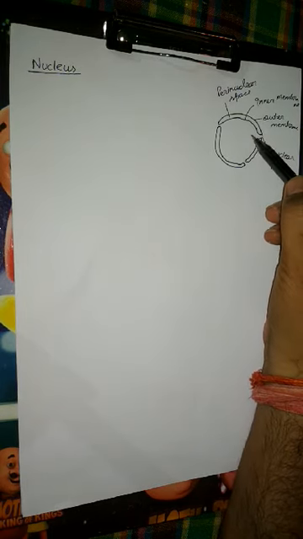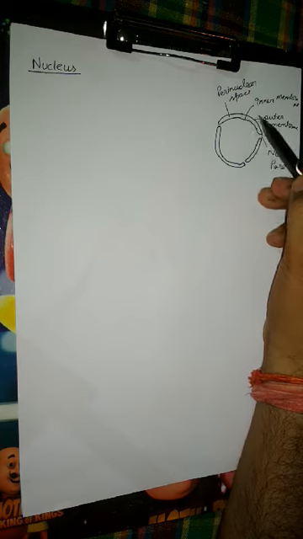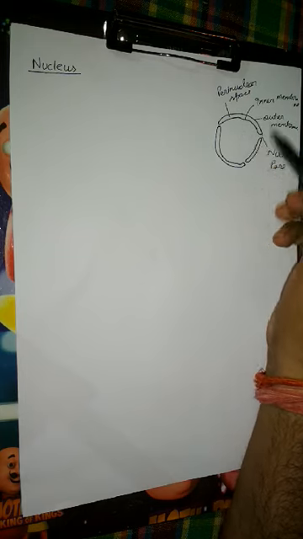Actually, the transport of substances, mainly proteins, between the nucleus and the cytoplasm, or we can say the locations outside the nucleus. Actually outside the nucleus, what is there? Cytoplasm is there. So the transport of substances between the nucleus and the cytoplasm takes place with the help of this nuclear pore. And how is this nuclear pore formed? This nuclear pore is formed by the fusion of the outer nuclear membrane and the inner nuclear membrane.